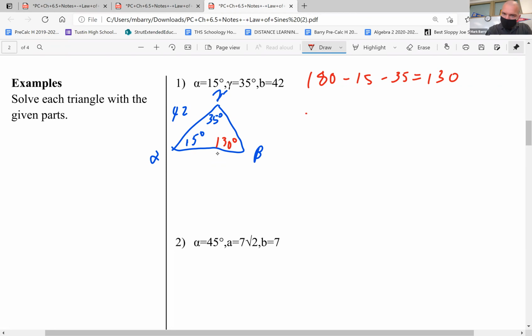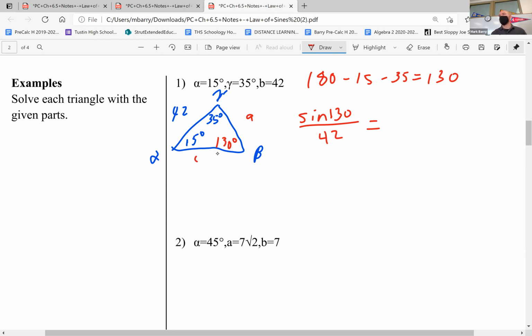So I'm going to start it off here by creating my complete fraction. So sine of an angle, sine of 130 over 42, its opposite side, equals. And now I can either find side A first or side C first. It really doesn't matter.